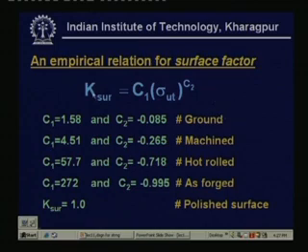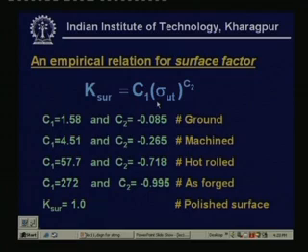Here you can see the K surface is essentially a function of the ultimate strength of the material, written as C1 multiplied by sigma ultimate to the power C2. Now, these constants C1 and C2 assume different values depending upon the condition of the material.